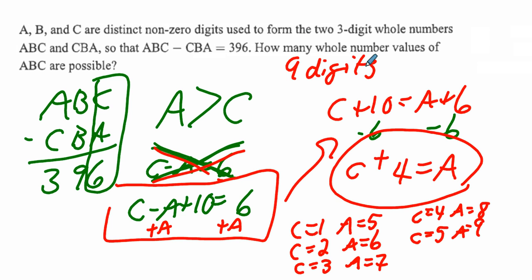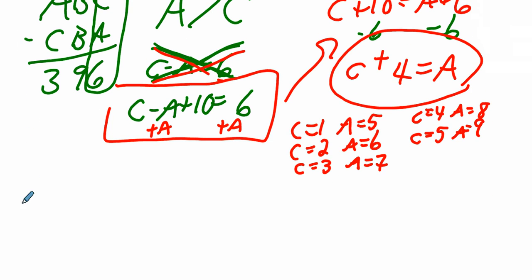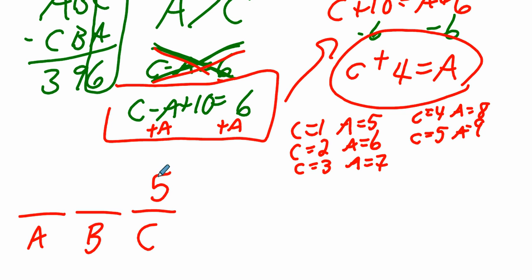So if I have A, B, and C, I know there are 5 possibilities for A, and each of those has only one possibility for C. So I can choose 5 different things right here for A: 5, 6, 7, 8, or 9. Each of them will only have one possible C.